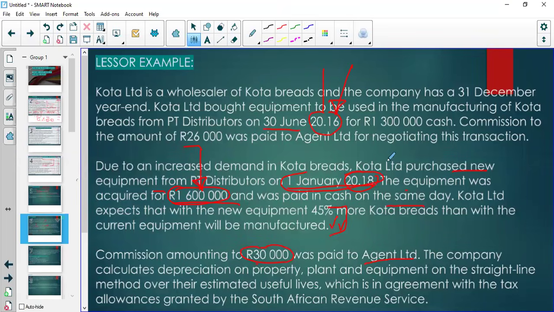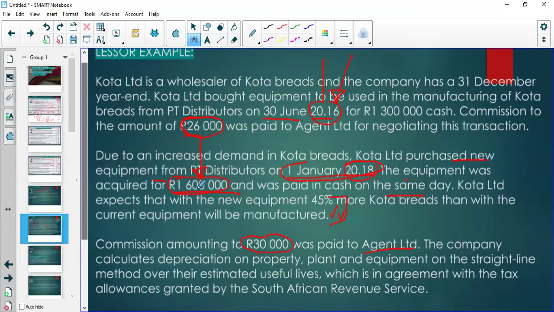If our reporting year is 2016, then we're going to deduct this immediately if the information says so. So we're going to capitalize 1,600 plus this, so we have 1,630. Then the company calculates depreciation on property, plant, and equipment on the straight line method over their estimated useful lives, in agreement with the tax allowances granted by the South African Revenue Service.